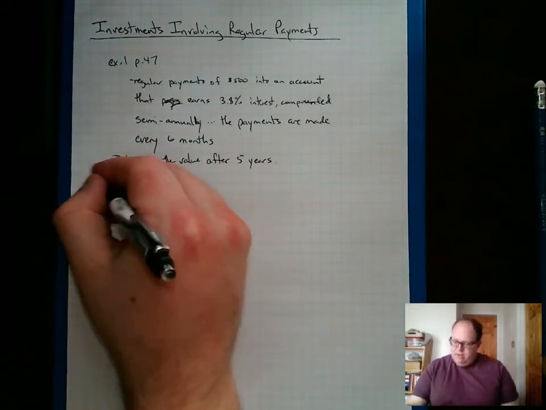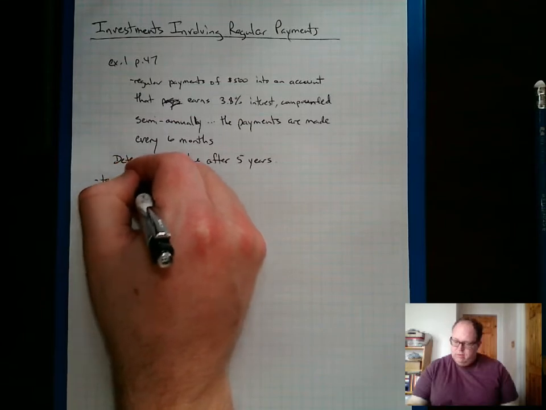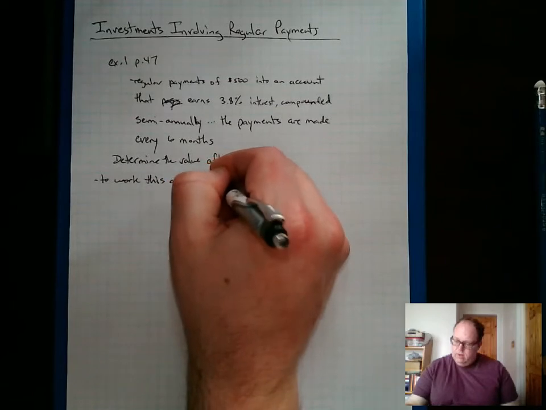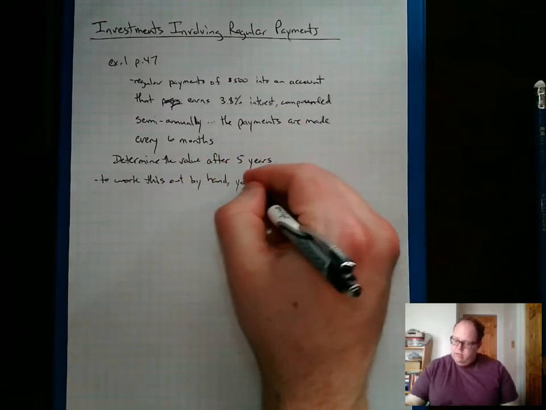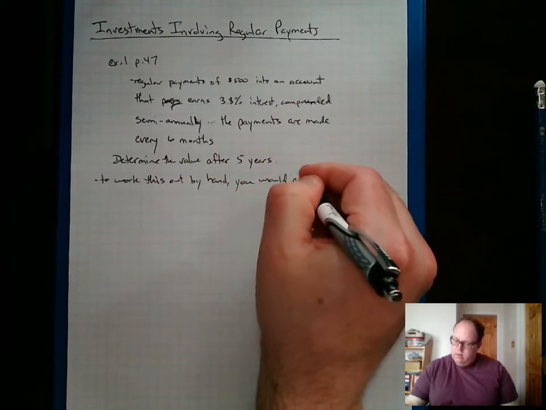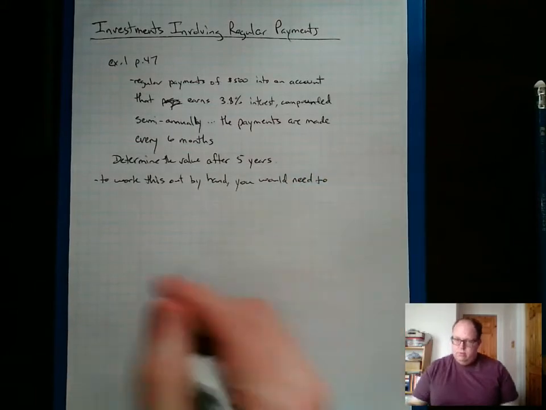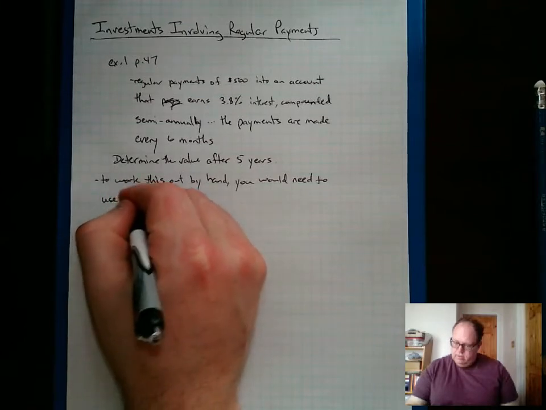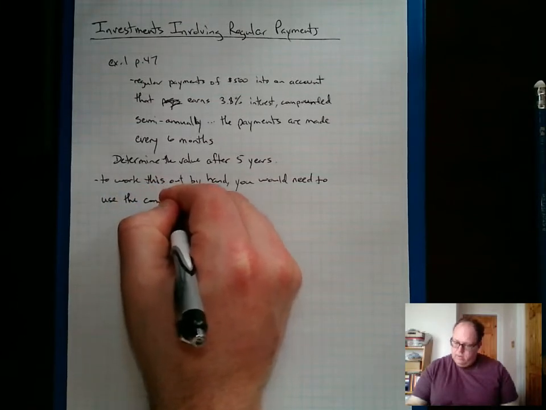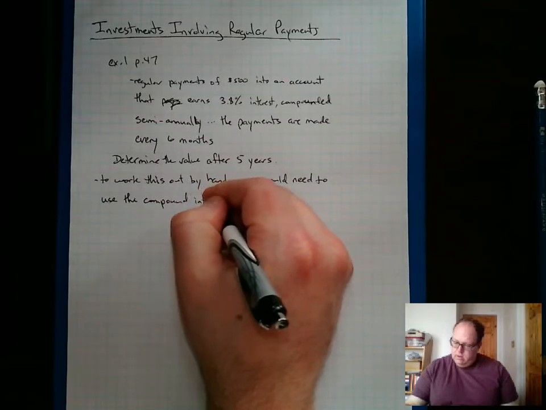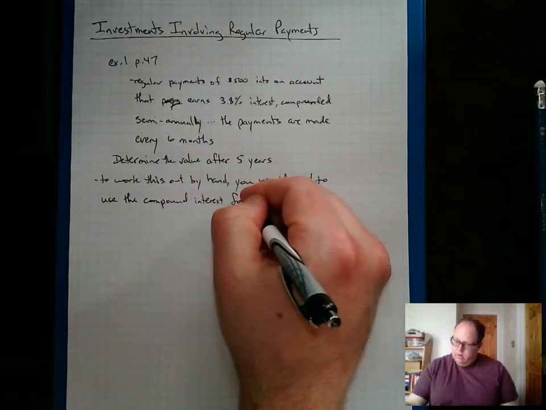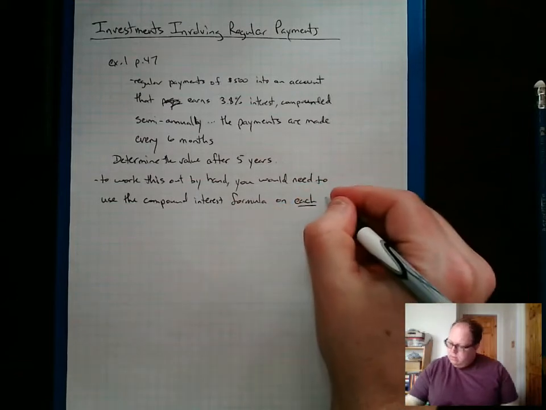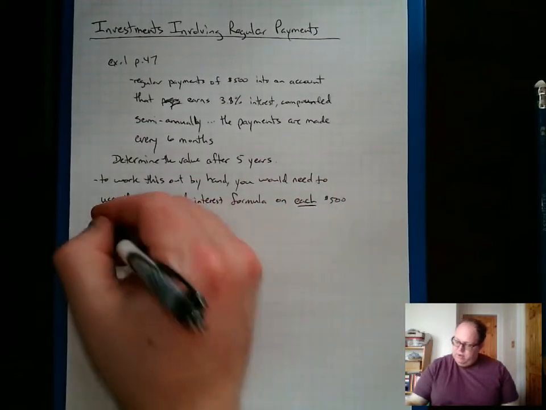To work this out by hand, you would need to use the compound interest formula on each $500 deposit.